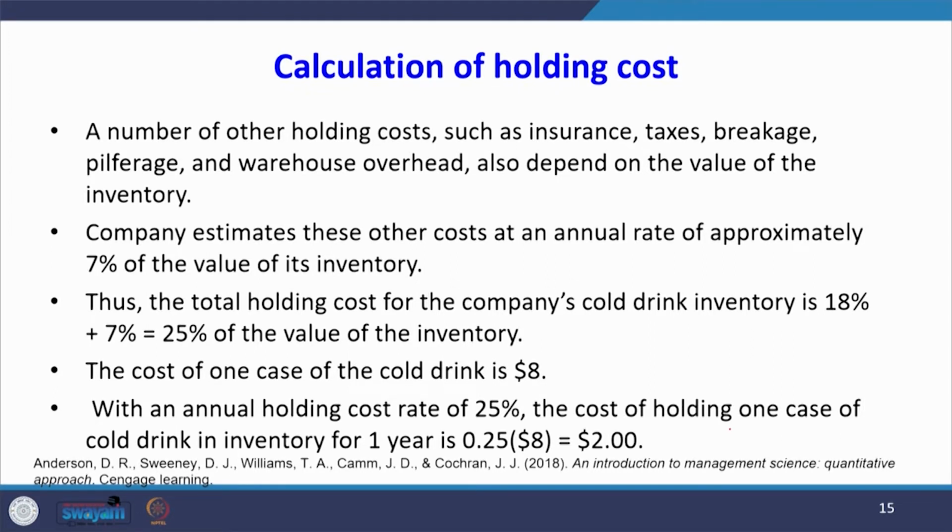So, how did we get this one? Cost of holding equals I multiplied by C. I is your percentage. It may be interest rate or other, for example, here the cost of insurance, taxes, breakage.